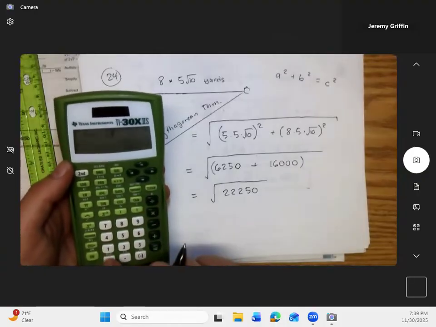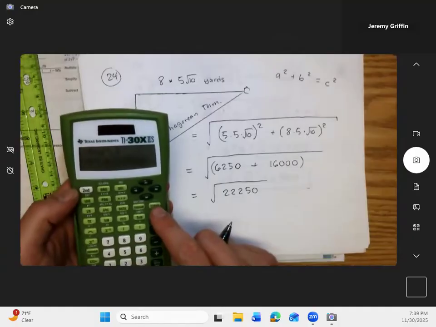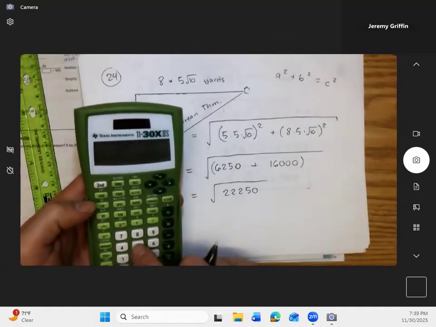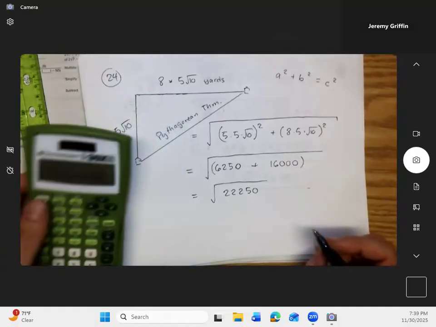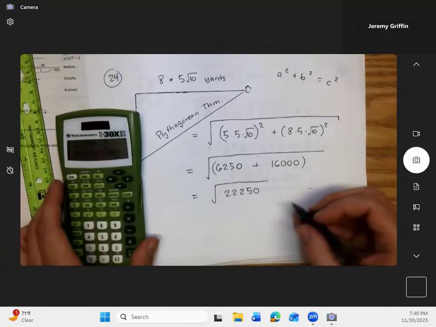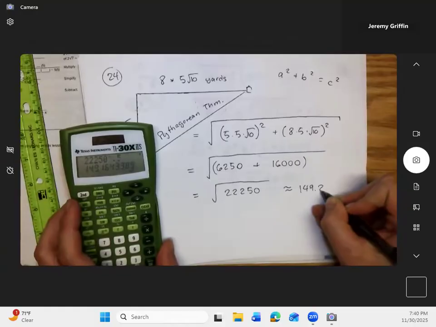Let me divide a 10 out. Let's see if this does have a perfect root. Now, I didn't think it would. How about 22250 to the power of 0.5? So this, by the way, is approximately equal to 149.2 yards.